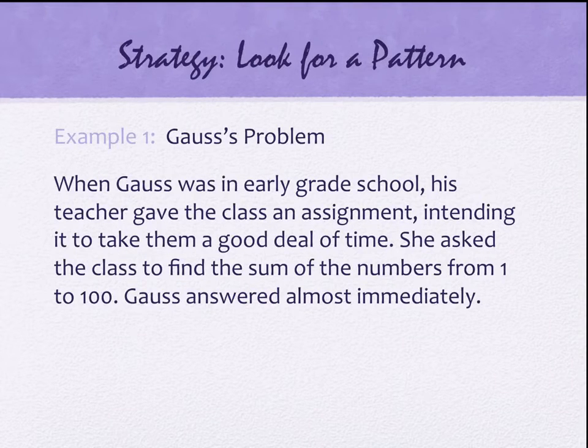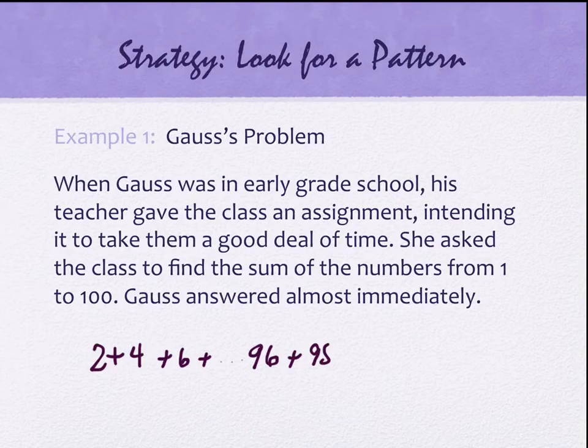You could write it out the same way, like 2, 4, 6, and then 96, 98, and 100. You can still write it out reversed and so forth, but what actually changes is how many terms you have. You won't have 100 terms, right? You'll have 50, okay?